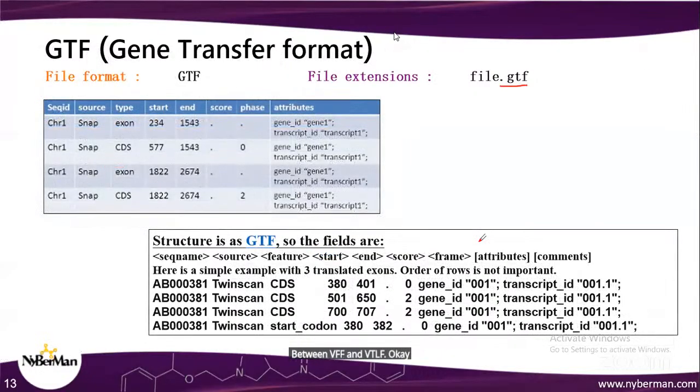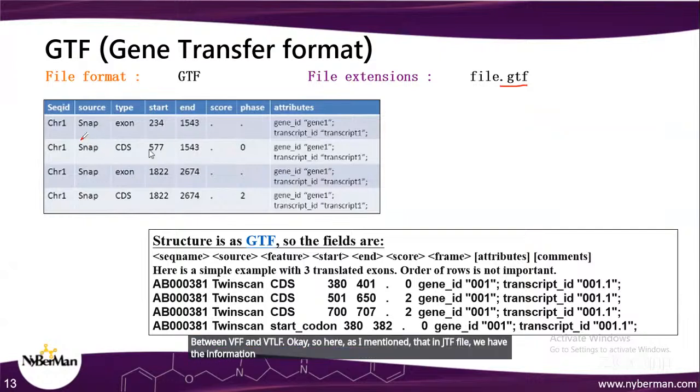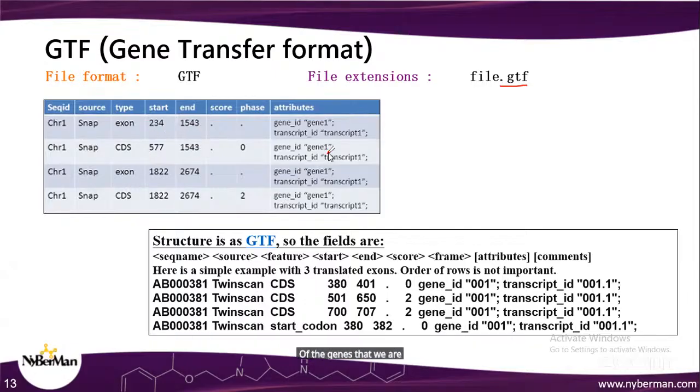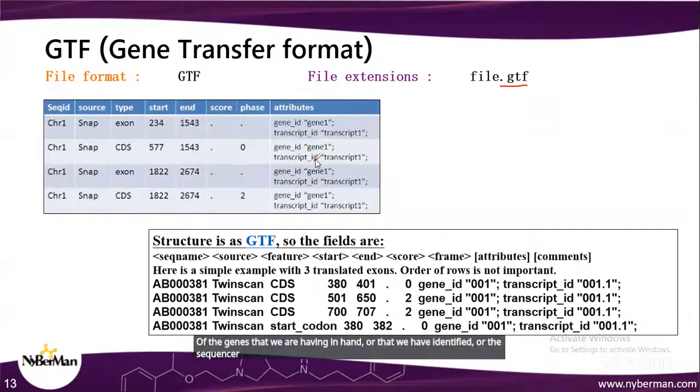Okay, so here, as I mentioned, in the GTF file we have the information regarding the exact location of the genes that we have identified, or that the sequencer has captured from our sample.